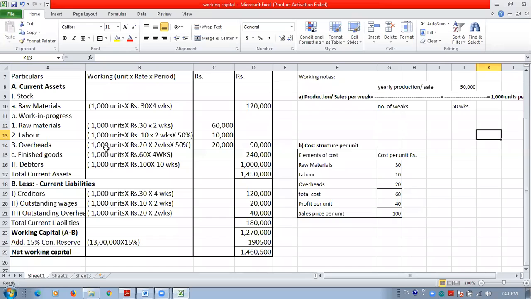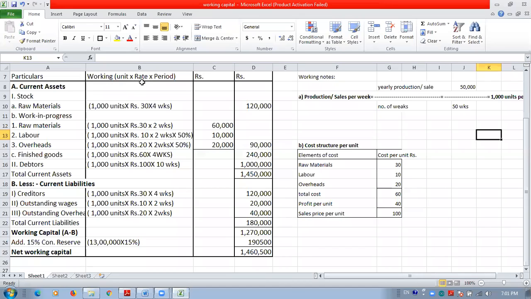So all the time we have to consider this per week production. In every case, in finding out the stock of raw material, work in progress, finished goods, or debtors, creditors, outstandings, all the time I have taken 1000 units as the weekly production. Then we have to multiply it with a rate.